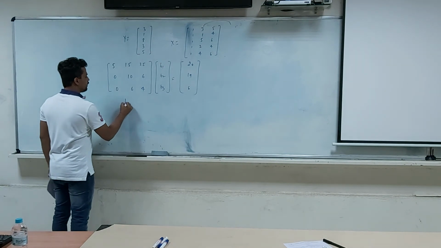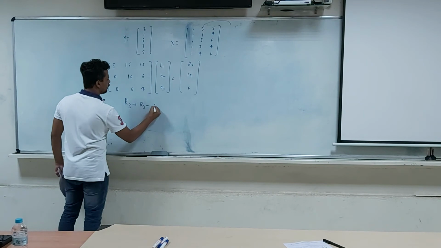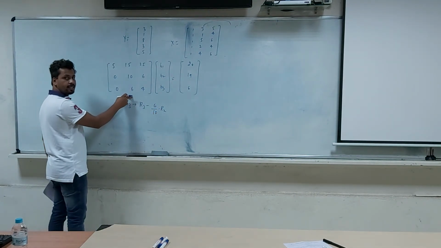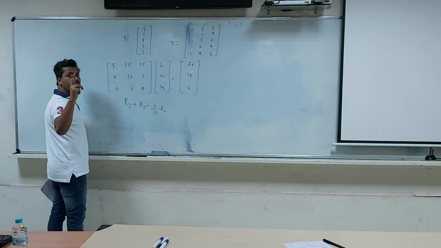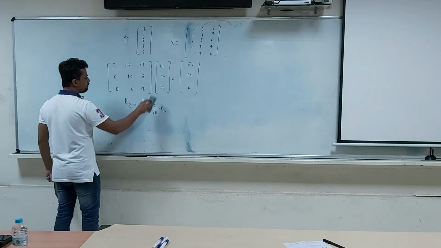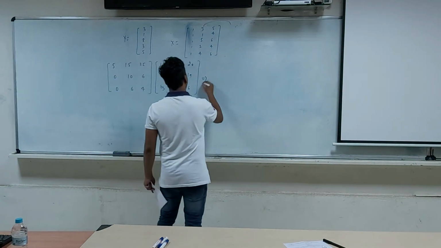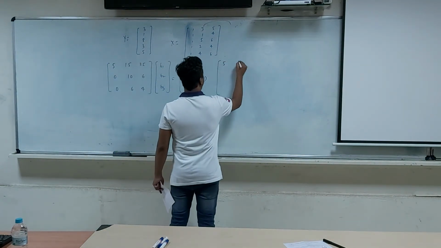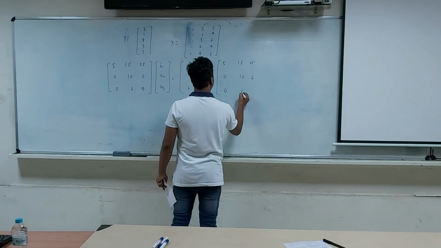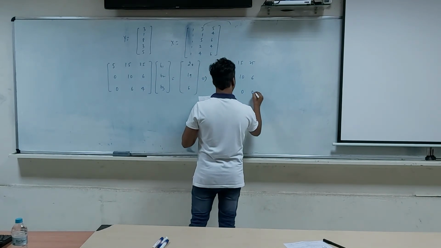The last operation is I replace row 3 as row 3 minus 6 by 10 times r2. So what will happen, I will get 0 here also, so I have one row in which two elements consist of 0, and then I can easily solve this. So row 3 I replace by row 3 minus 6 tenth of r2, so what you will get is, I write it here, 5, 15, 25, 0, 10, 6, 0, 0, 0.4 I am getting, yeah.